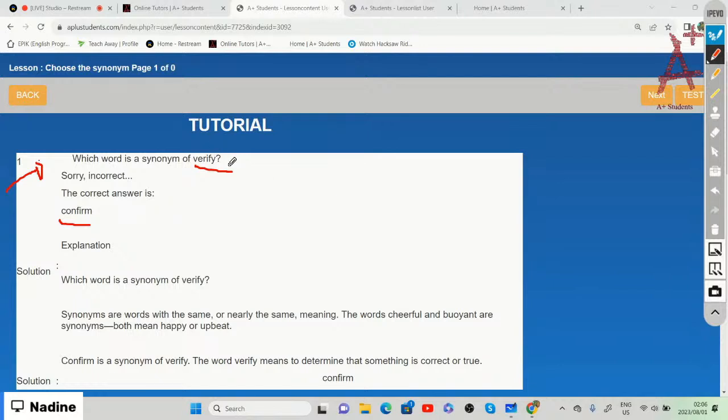It means that you determine that something is correct or true. And remember, we said that synonyms are words with either the same meaning or nearly the same meaning. The meaning doesn't have to be directly the same, but it means almost the same.